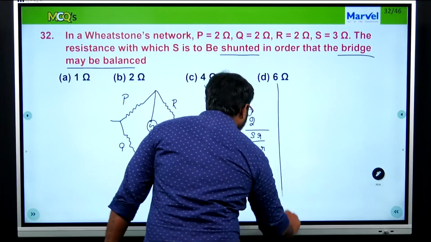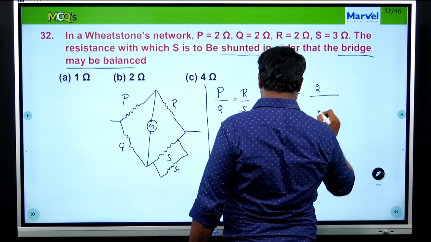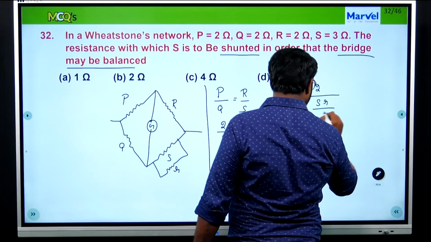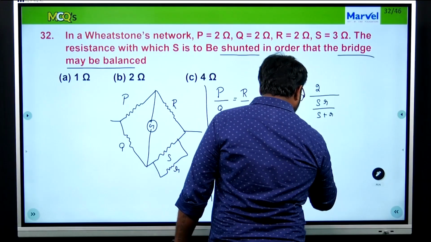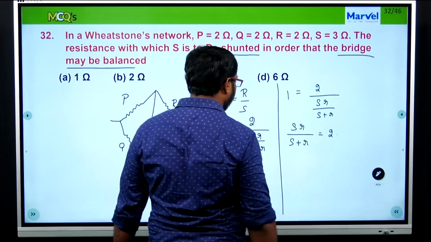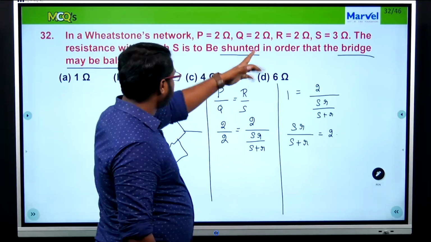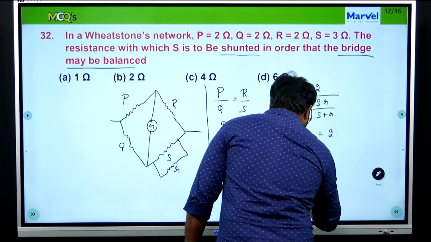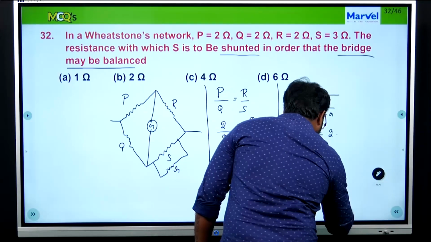So 1 is equal to 2 by S into r by S plus r. I will just cross multiply this. So S r by S plus r is equal to 2. Then we already know what our S is. It is 3. So 3 into r by 3 plus r is equal to 2.